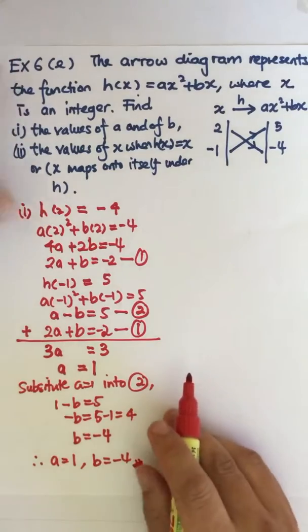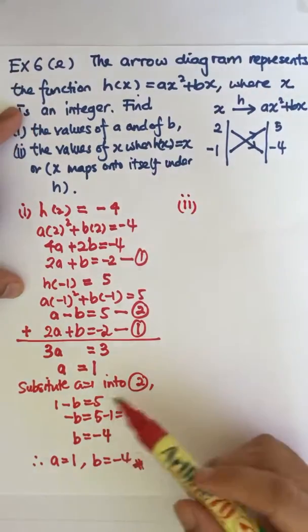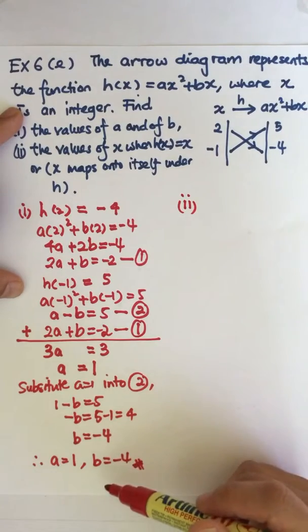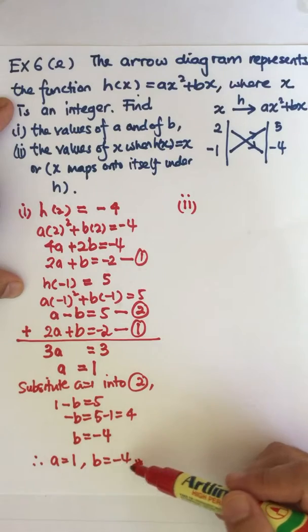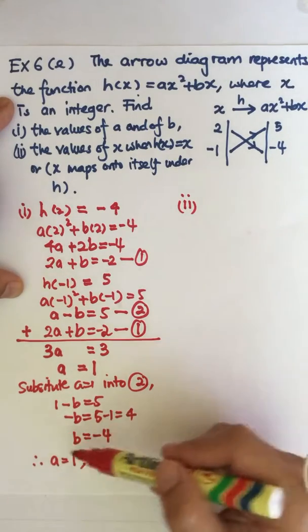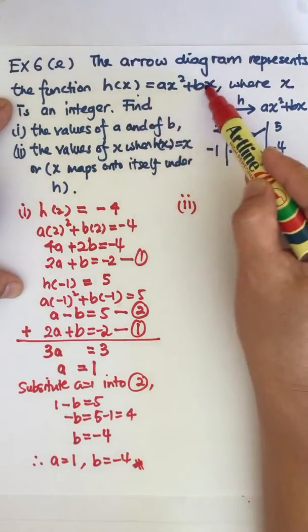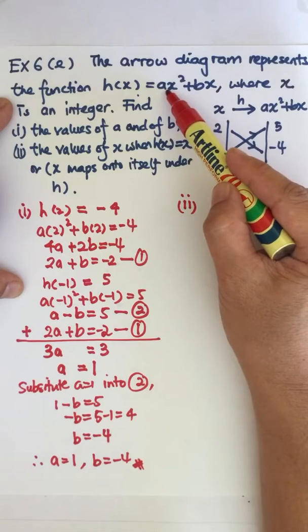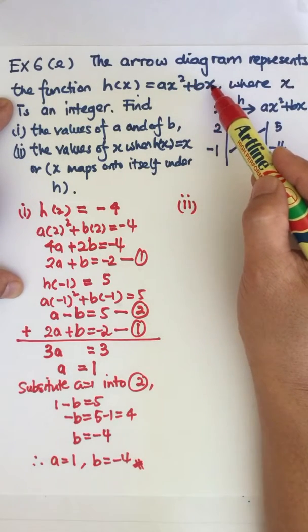Now we can solve problem number 2. The other way to check whether a is 1 and b is negative 4 is to substitute everything into this equation. Therefore you get x² - 4x.